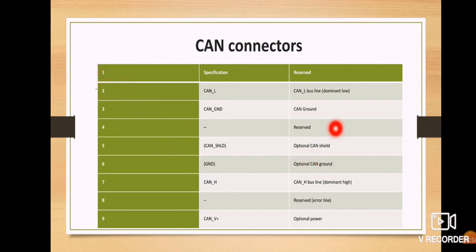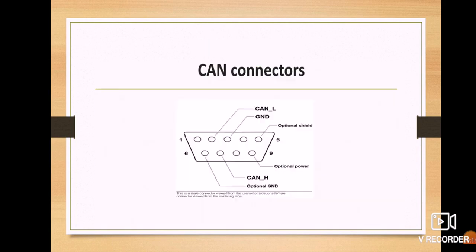It will start with 1, but you don't need to get confused with this, just see how it will be. CAN low is one pin, CAN high is another pin, CAN ground is another pin, then CAN shield is another pin. Apart from that, there is optional power, which we don't need. So only this you have to understand: CAN low, CAN high, and CAN ground. In this table it is wrong, but the only thing you have to see is CAN low, CAN high, and CAN ground. These three we have to accommodate.